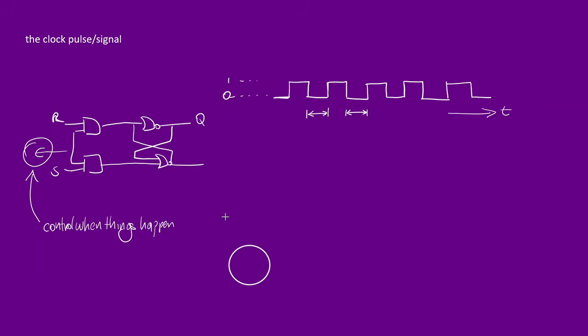Recall we said that if we wanted to change things every 100 milliseconds, then we could make the distance between high pulses 100 milliseconds, controlling this electronically. That's a very huge advantage of clock signals.